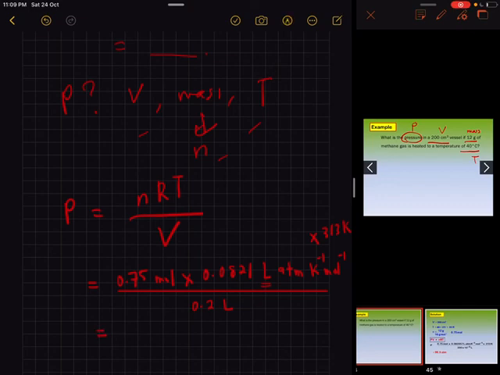So by having all these values and units, mole and per mole can cancel, Kelvin and per Kelvin, liter and liter. And then by doing all these operations, multiply, divide and so on, you will get your answer as 96.3 atm. Again, this is not the 4 decimal points. Try to get your answer to 4 decimal points. Alright?